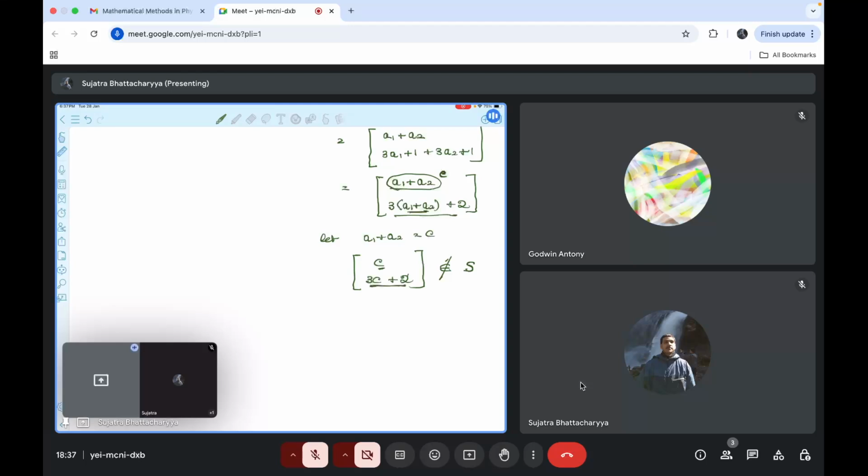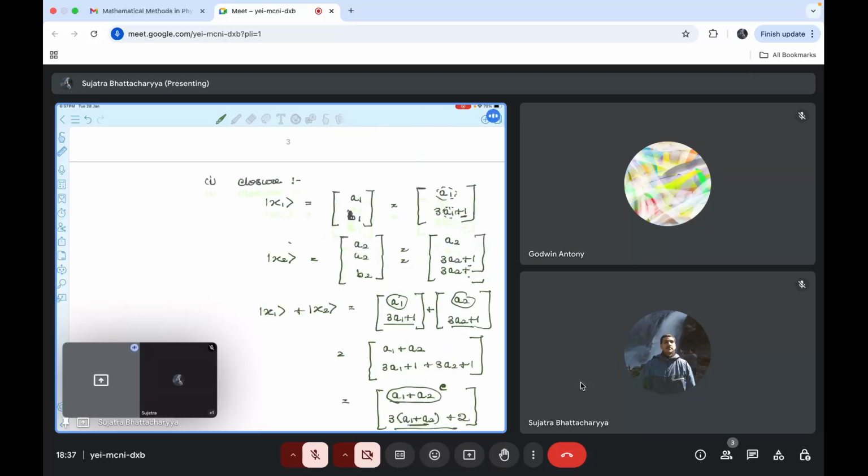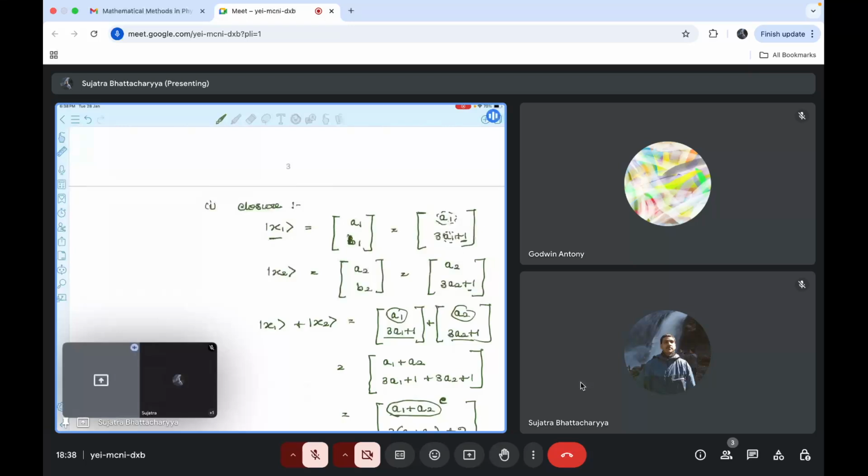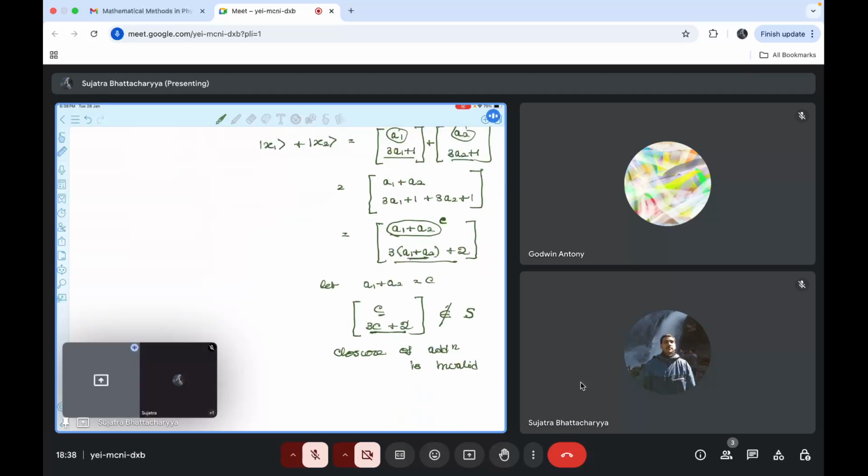Therefore, it is not belonging to the set S. And there, the closure of addition is invalid. So this closure of vector addition is invalid. Why is it invalid? Because when you have defined x1, it has a1 and 3a1 plus 1, and x2 has a2 and 3a2 plus 1. But when you are adding, it should be c and 3c plus 1.